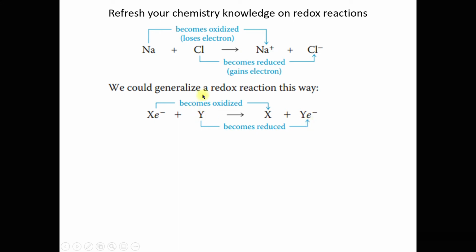So we can generalize a redox reaction like this. The atom here loses the electron, so it becomes an X. So this is being oxidized while the other becomes reduced because it gains the electron.